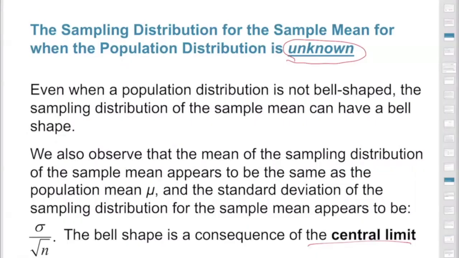Most statisticians say that we have a very large sample if n, the sample size, is greater than or equal to 30 observations. So if the sample size you took from the population is greater than or equal to 30, in this case you can apply the Central Limit Theorem.